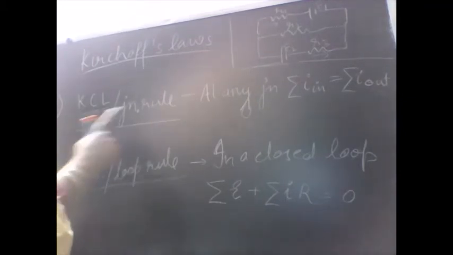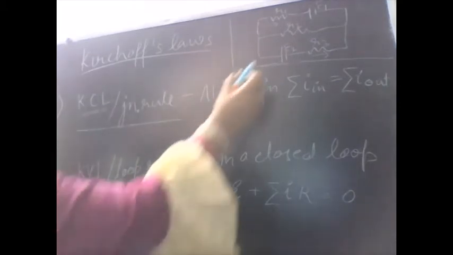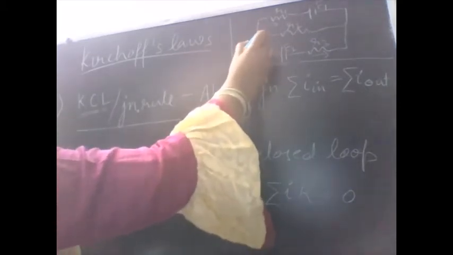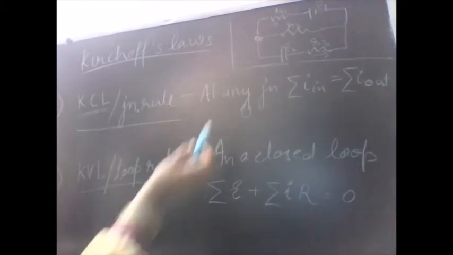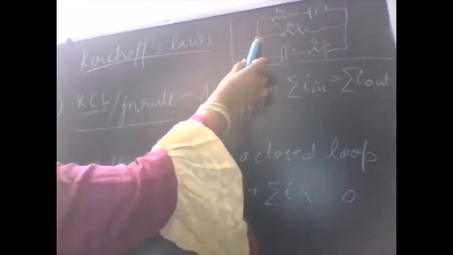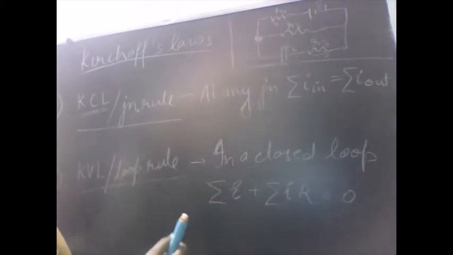So what is the junction rule? First of all, what is a junction? Junction is any point at which more than two wires are connected.